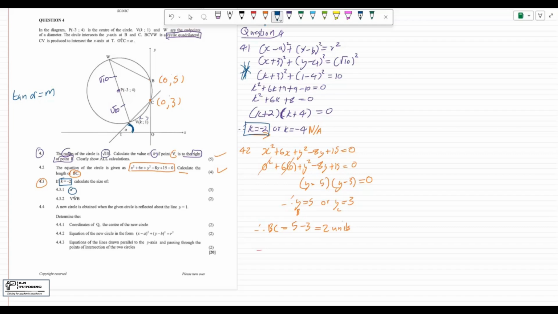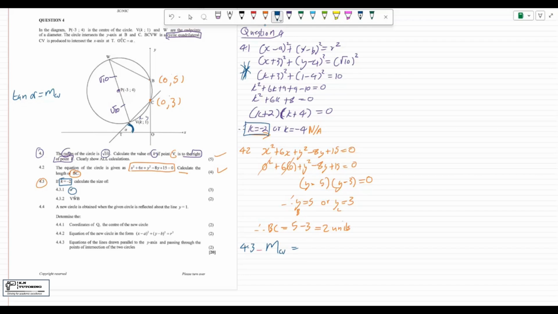I'm going to call it TV, but I don't have the point of T, so I'm going to go to CV. All right, so I need to find the gradient of CV first, which is going to be change in y over change in x.